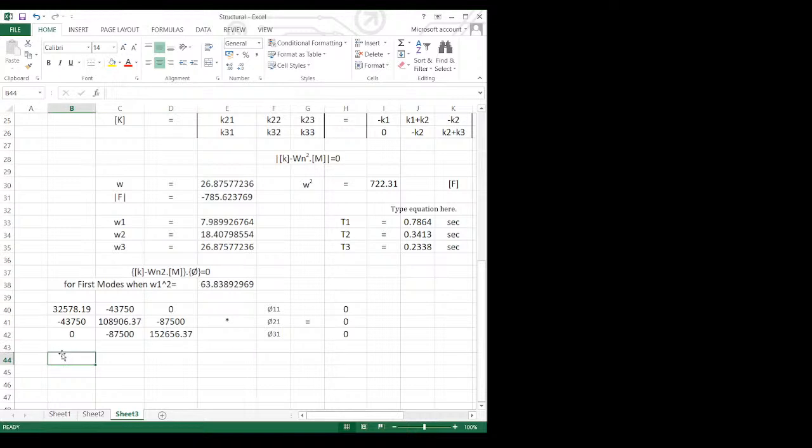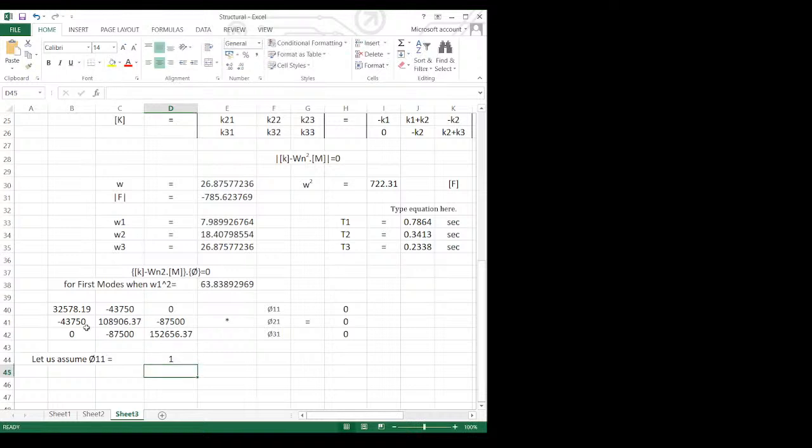Here let us assume, let us assume 511 is equal to unit, 511 is equal to 1.